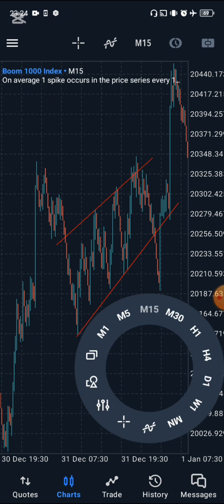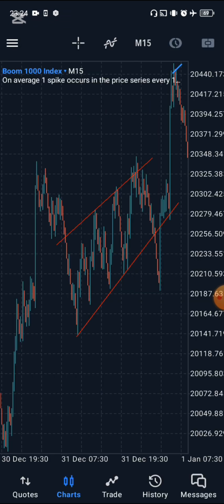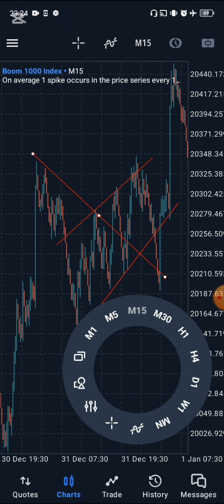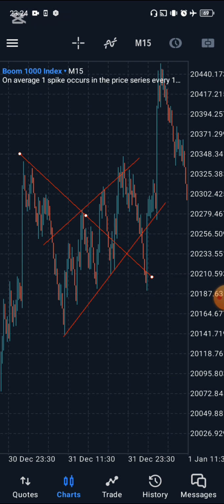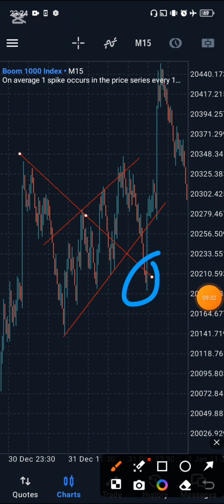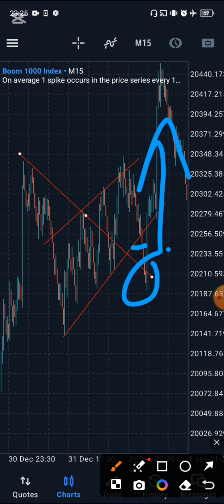Though if you'd have drawn your trend lines over here like this also, you could enter for your spikes when the market pulled back to this over here. So you could have entered for your buys. But as for me, I could have entered for this sell over here, and as you can see, my stop loss would have been hit.